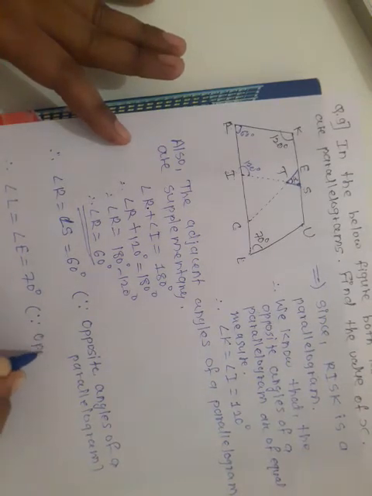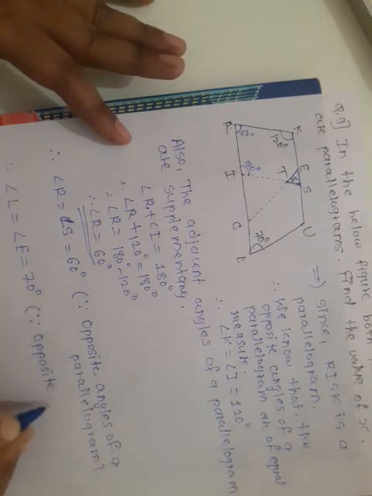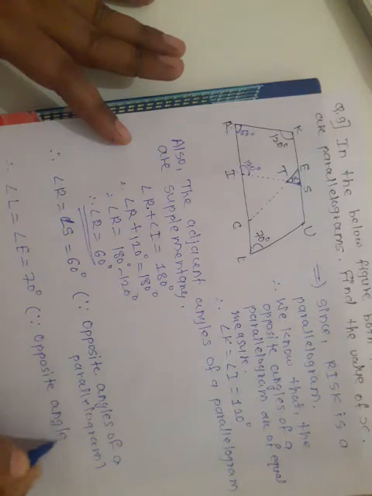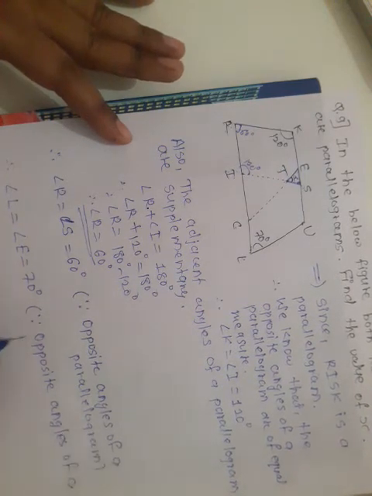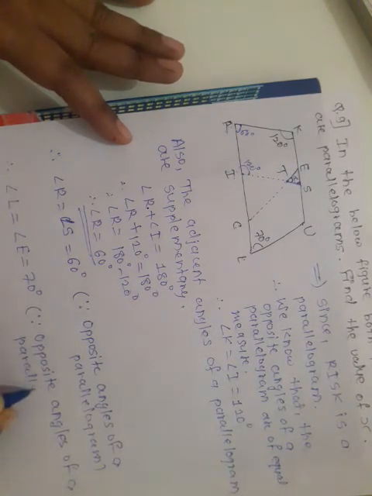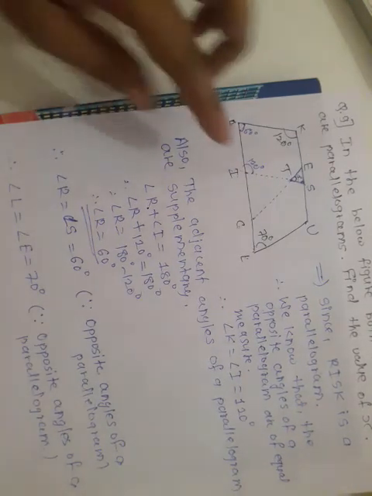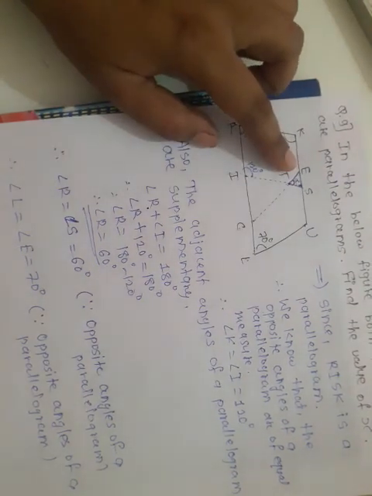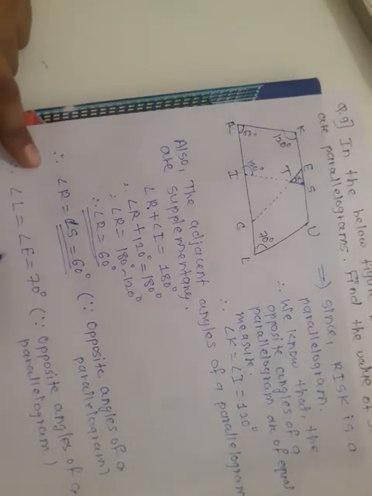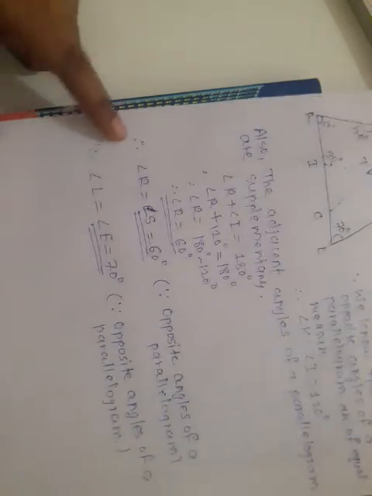Write down here: opposite angles of a parallelogram. Therefore angle E is of measure 70 degrees. So angle S is 60 degrees, and angle E is 70 degrees.